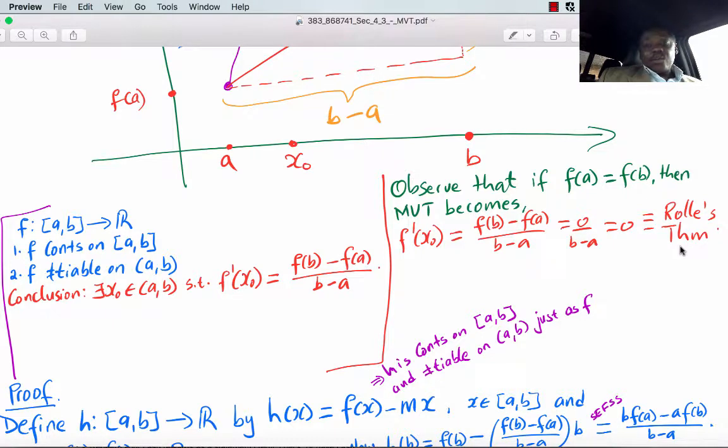So yes, Rolle's theorem is a particular case of the mean value theorem, but these two theorems were proven at different times by different people without plagiarism.